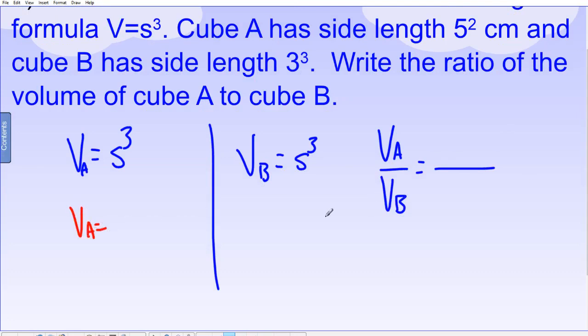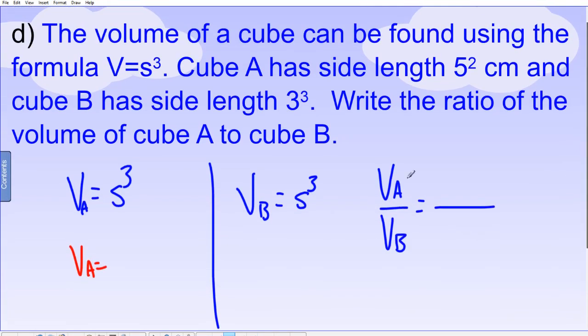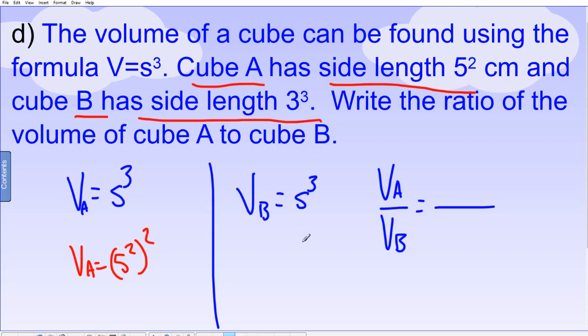The volume of A is... it told me that cube A has side lengths of 5 squared. It told me that cube B has side lengths of 3 cubed. And I want to know which of these is bigger.